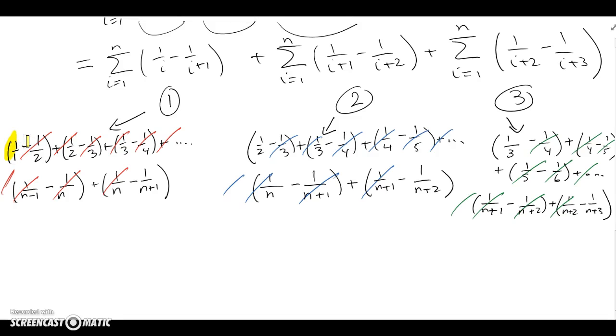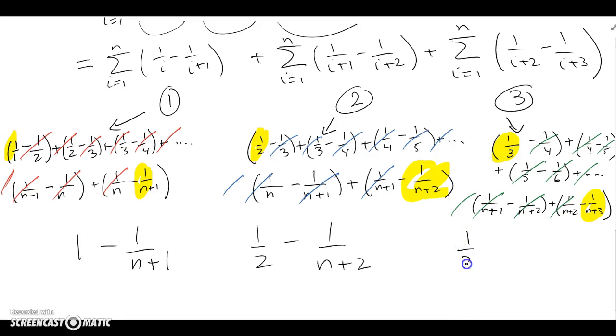I have this and this for the first one, this and this for the second one, and this for the last one. So I am left from the 3 pieces with 1 minus 1 over n plus 1. And then with this guy, a half minus 1 over n plus 2. And with this guy, a third minus 1 over n plus 3.